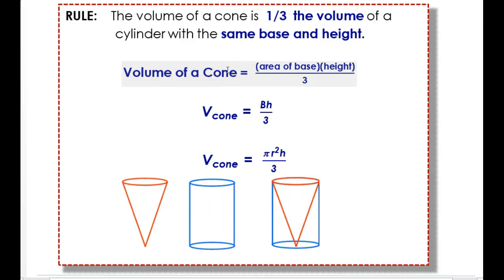So the volume of any prism is going to be the area of the base times the height. So the volume of the cone is going to be the area of the base times the height of the object, and then I'm going to divide by 3 because the volume I know of that cone is going to be 1/3 that of the same cylinder.